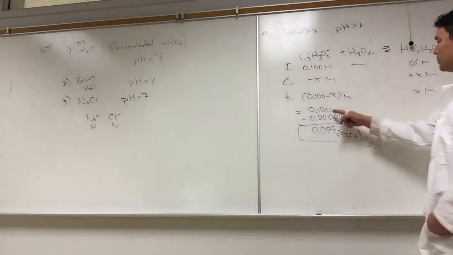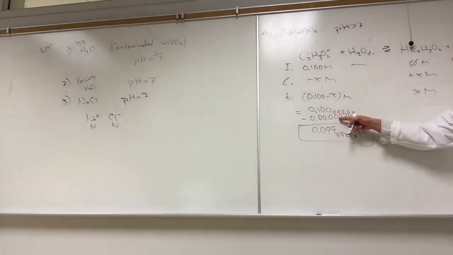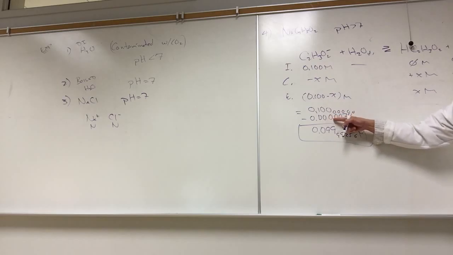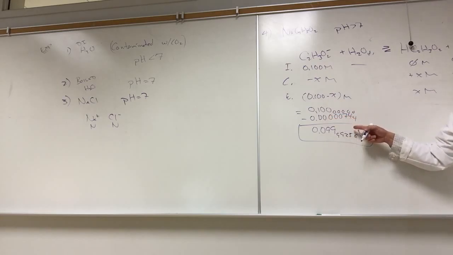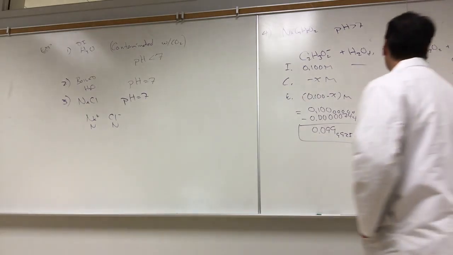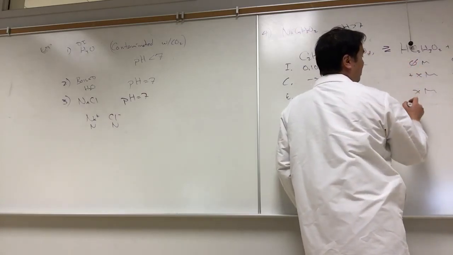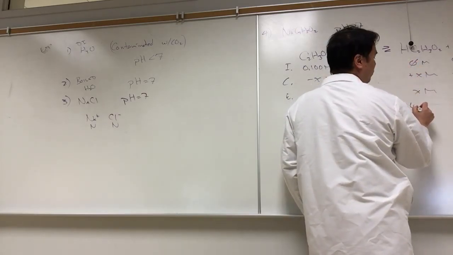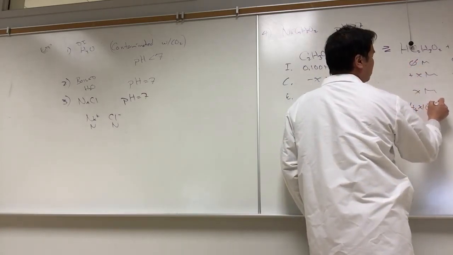In fact, if you look at the percent change, it's 0.007% change. And so it's a very small percent change. Much less than 5%, meaning that our simplifying assumption was no problem. And then the acetic acid concentration will be 7.44 times 10 to the minus 6 molar.